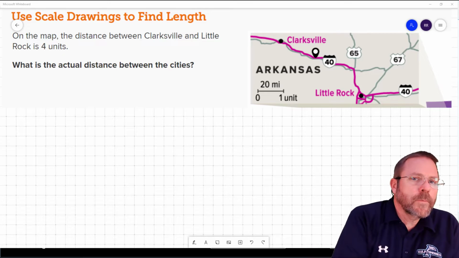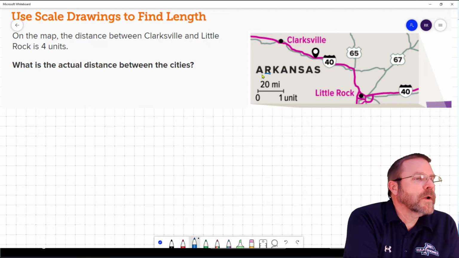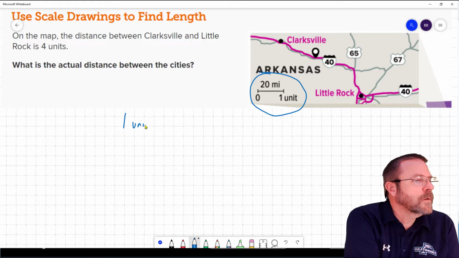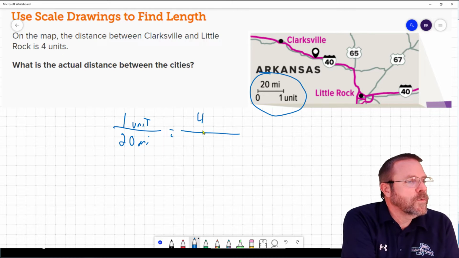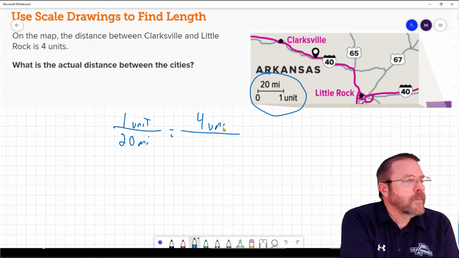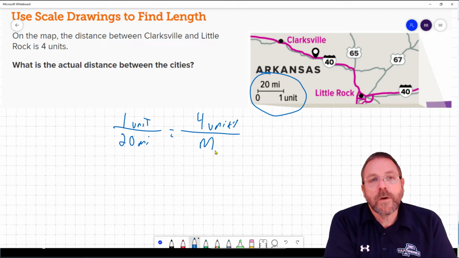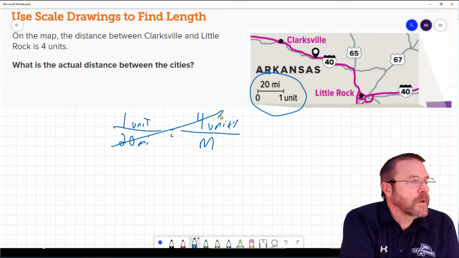When I do it, I'm going to start off by setting up my proportion. The first thing I need to recognize is this right here, that 1 unit is equal to 20 miles. And from there, I can say that that is going to be equivalent to 4 units on the map compared to some unknown number of miles, which I'm going to call M. We're going to do our cross products. 20 times 4 is going to give me 80.